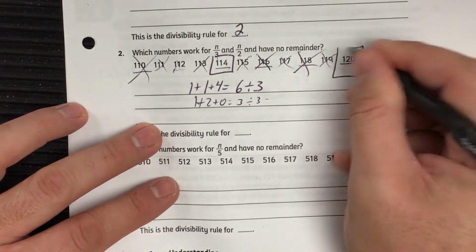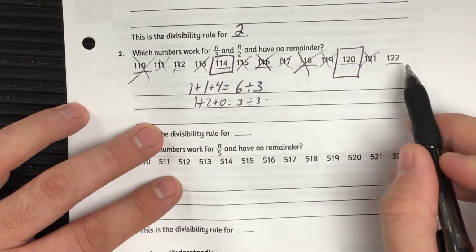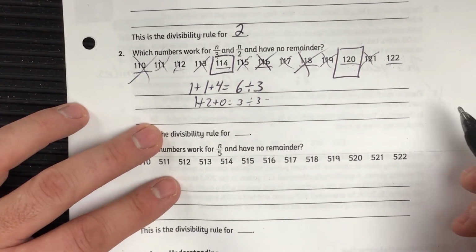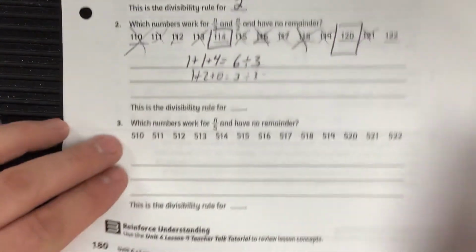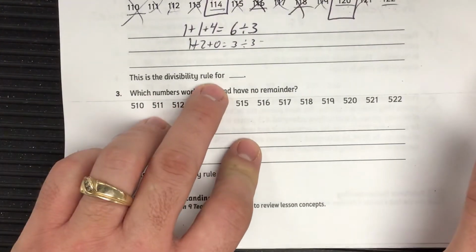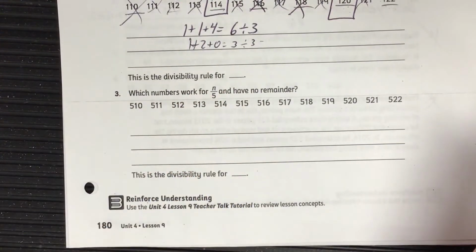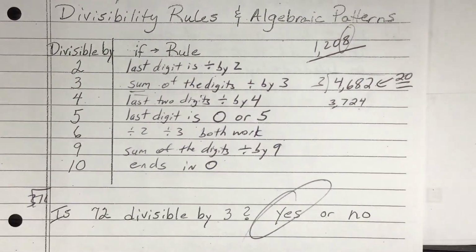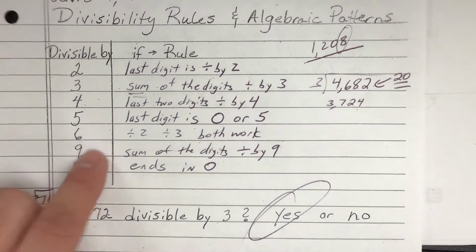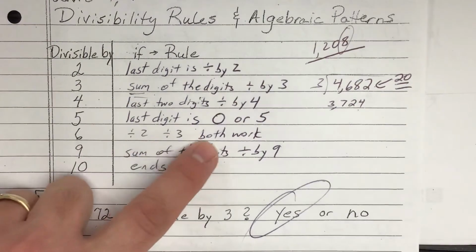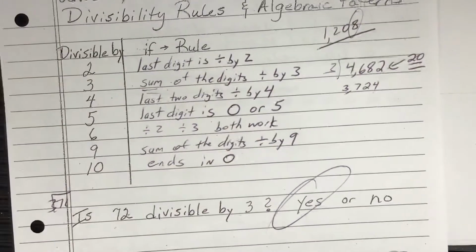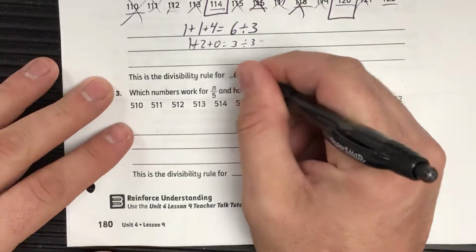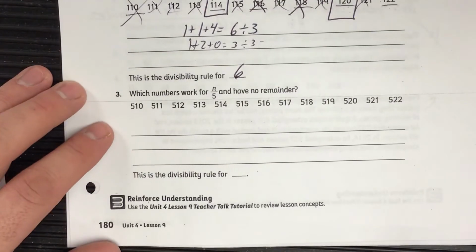Absolutely. 1 plus 2 plus 2. It's 5. Does not work. All right, so we just did the divisibility rule for? Which number? 3s. Or no, 2 and 3. Oh, that'd be 6. If 2 and 3 both work, we just did the divisibility rule for 6.